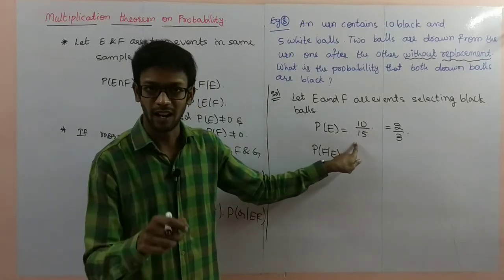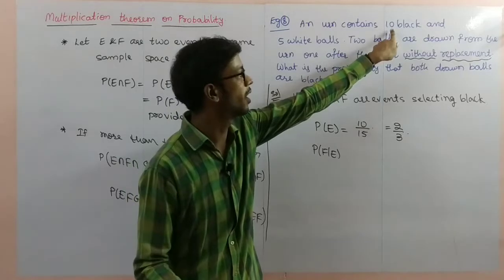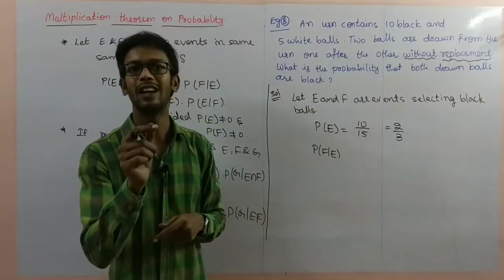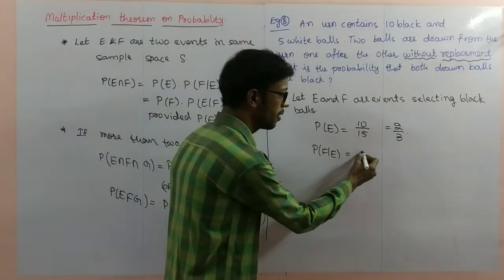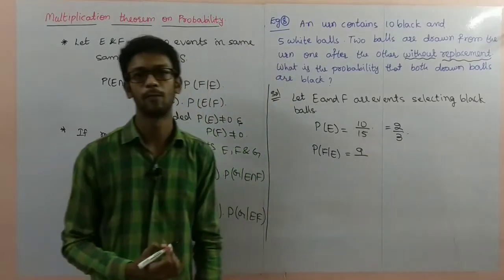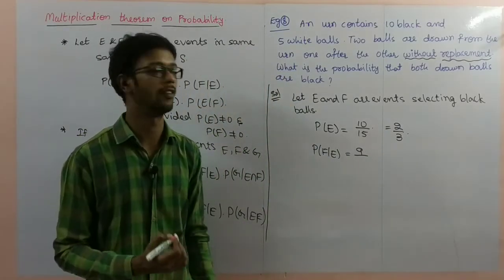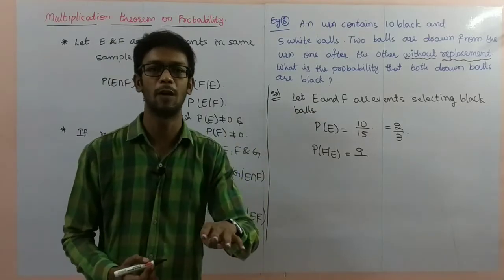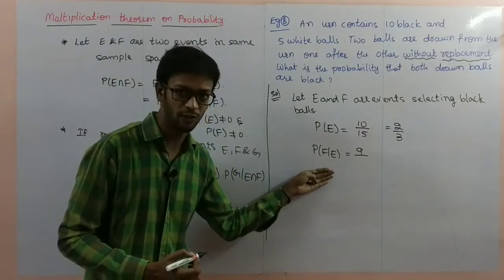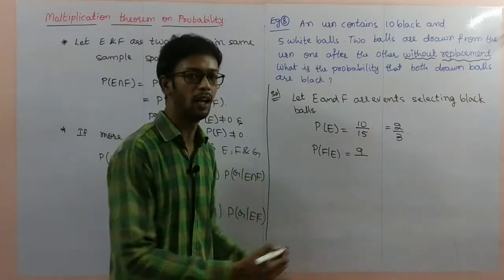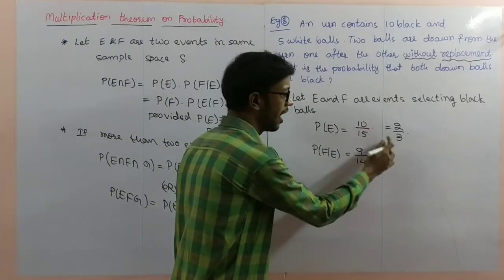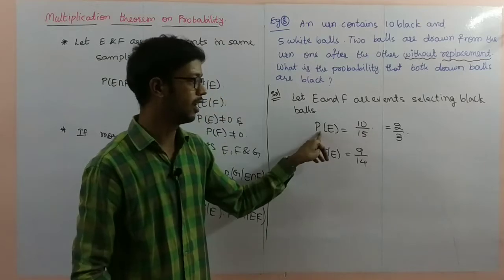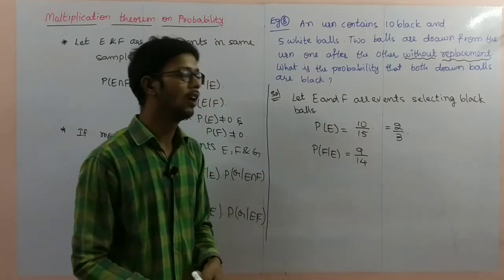One black ball selection is already completed. The total number of black balls is 10; with one completed, the favorable outcomes are 9 only, because E already occurred and we are making another black ball selection. So it is 9 by 14. Why? Because E has already occurred.